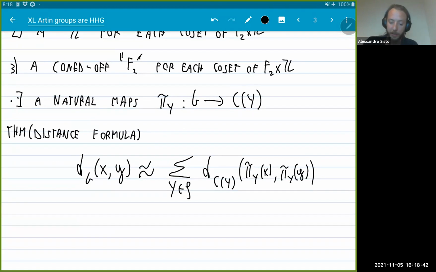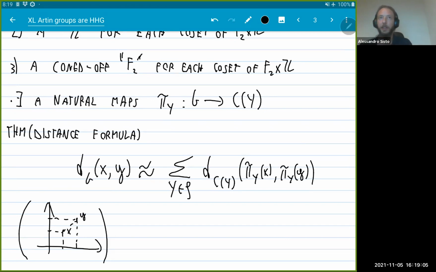So again, if you had R^2, which is an HHS by the way, and you have 2 points, how do you compute the distance? You project to the 2 spaces, and then if you only care about the distance up to multiplicative error, you just sum the distance in the two coordinates. Okay, maybe just an aside. This formula is almost correct.